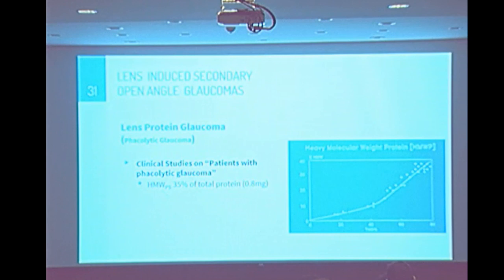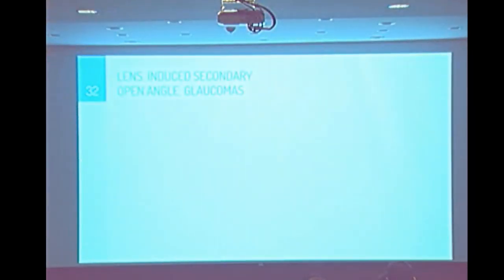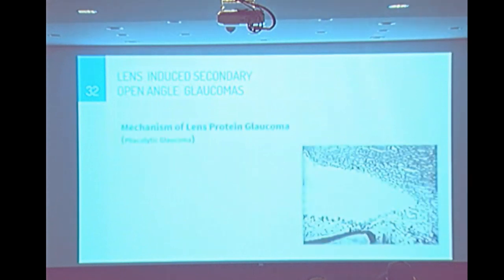So it represents about 35% of total protein. That means 0.8 milligram, in excess of the 0.5 milligram that we used in the experiment. And there is no heavy molecular weight protein in normal subjects with mature or immature cataract, although some reports say you may find an insignificant amount in mature cataract.